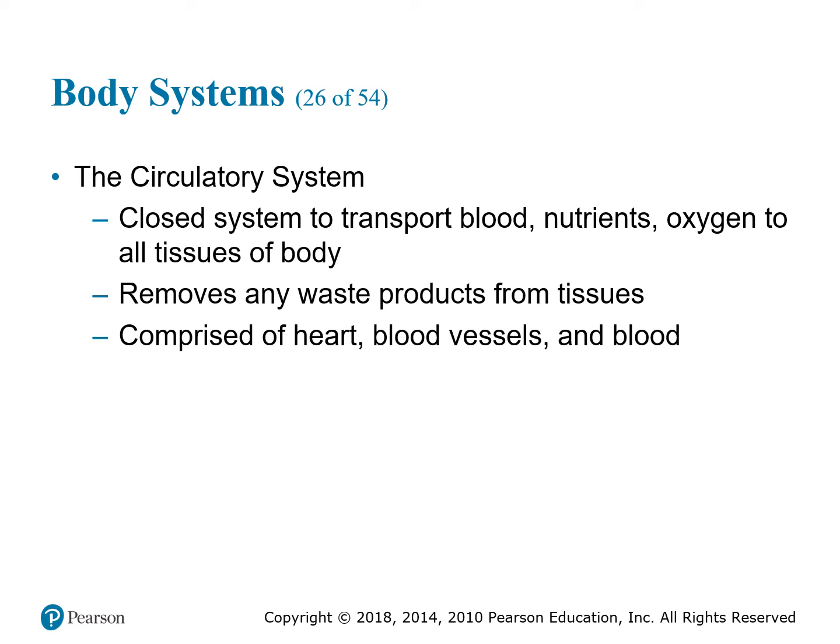We must have adequate perfusion to maintain life. Our body must be able to deliver oxygen, glucose, and nutrients to the cell, and then eliminate the waste products created by the cell in order to maintain life. Now, the circulatory system is comprised of the heart, blood vessels, and the blood.